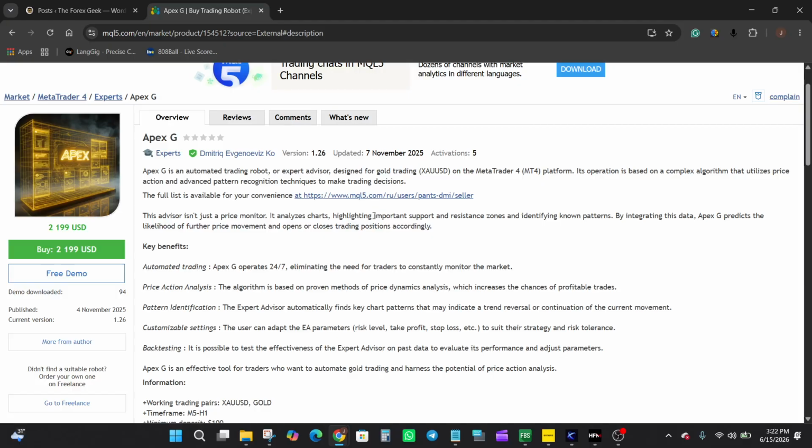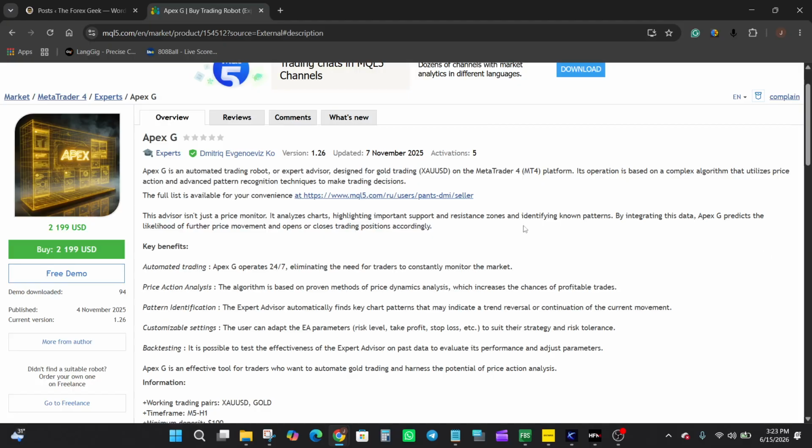According to the description, Apex G is built specifically for trading gold, with the recommended symbols being XAUUSD and GOLD. The developer explains that the system is based on a combination of price action analysis and advanced pattern recognition techniques that are used to support its trading decisions.